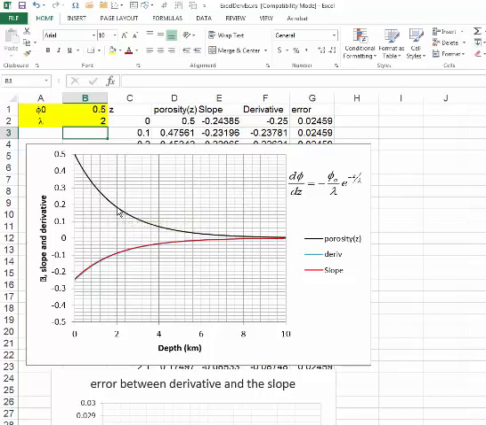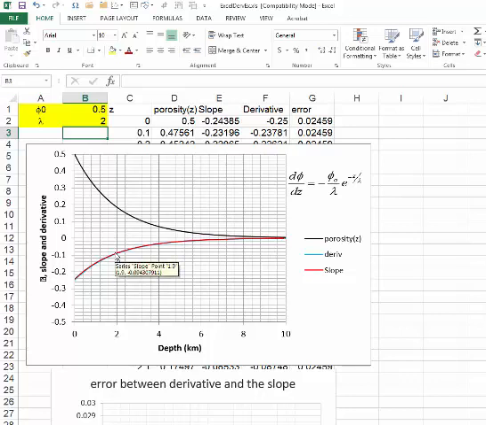So the slope at 2 kilometer depths is going to be minus 0.09, just rounding off there. So if we were to draw a line tangent to the curve at 2 kilometers depth, it would have a slope equal to minus 0.09.